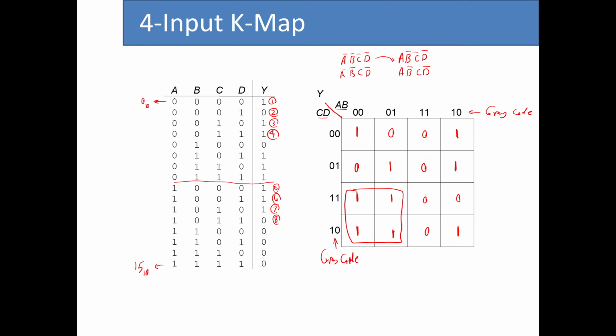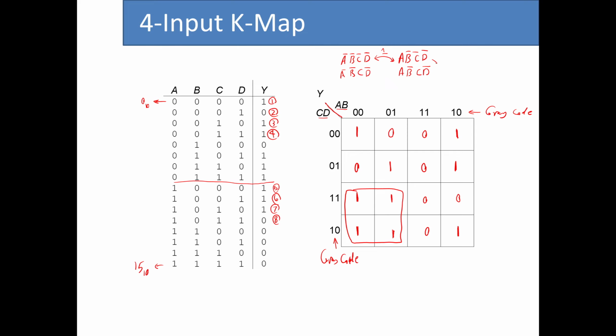If we go from the top left corner to the top right corner, we only have a change in variable A. So we only have one change. Practically you can say they are neighbors.